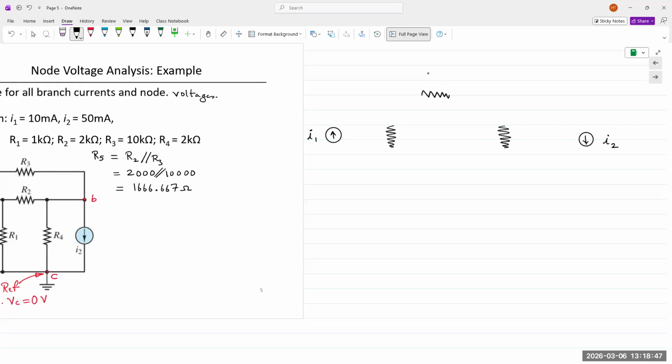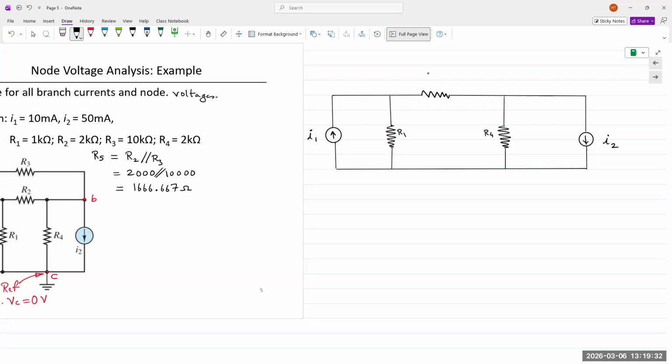And then let's join the connections. This is R1.